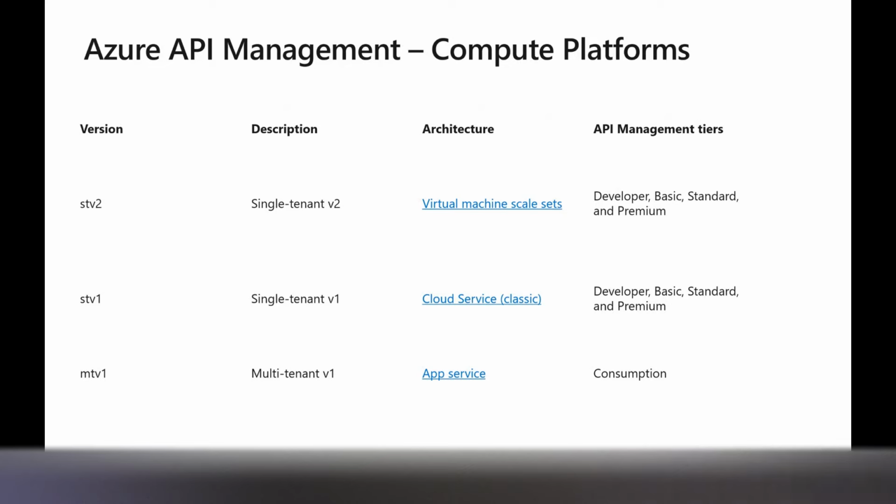If you are creating the API instance from tools like infrastructure as code, you have to specify a certain API version, and that is very well documented. Then it will create the single tenant V2 model.